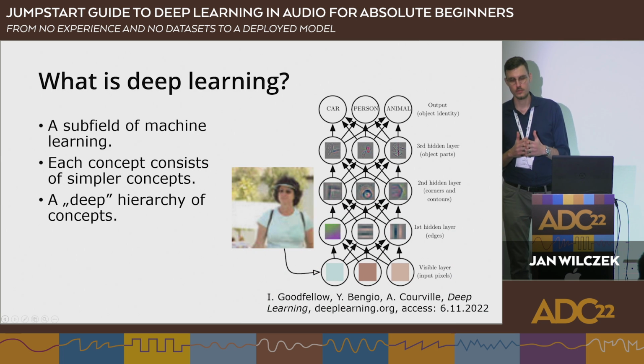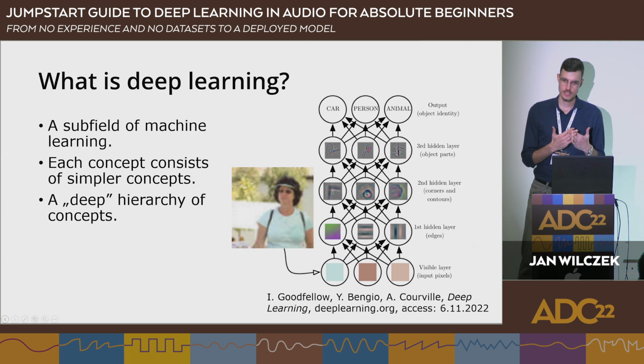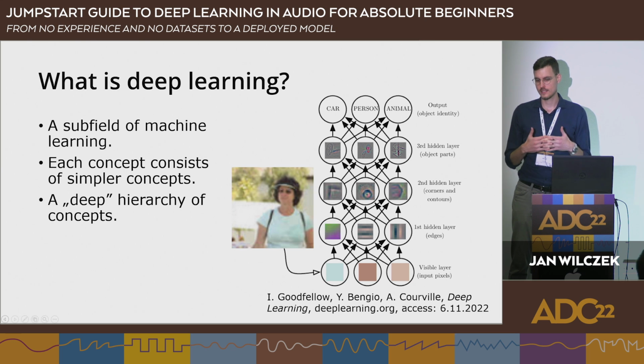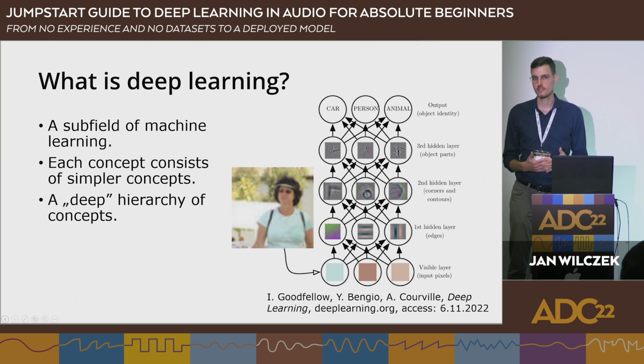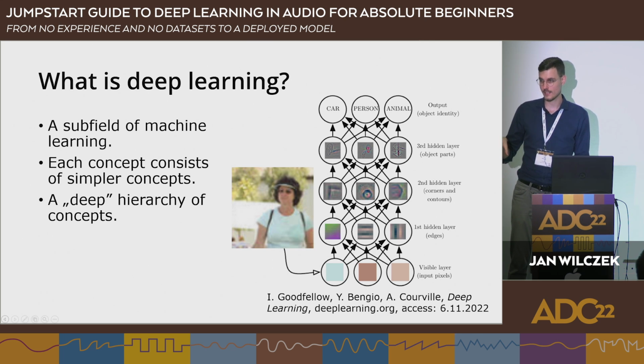Just to clarify what we mean by deep learning: I mean a subfield of machine learning which uses data to solve problems, but it assumes that this data has some hierarchical structure, in the sense that more high-level concepts consist of simpler, lower-level concepts, down to the very input that we give it.